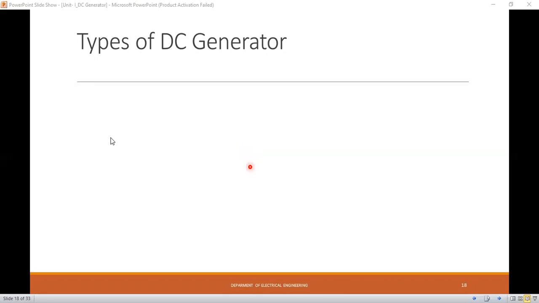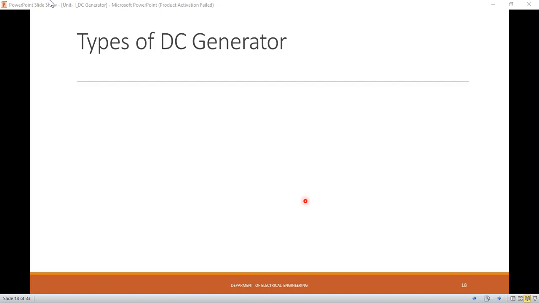Also we have discussed the EMF equation of the DC generator. An important question is: derive the EMF equation of a DC generator. The EMF equation is E = φPNZ divided by 60A.